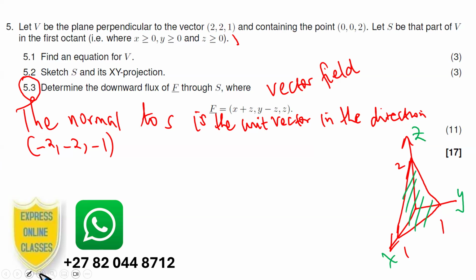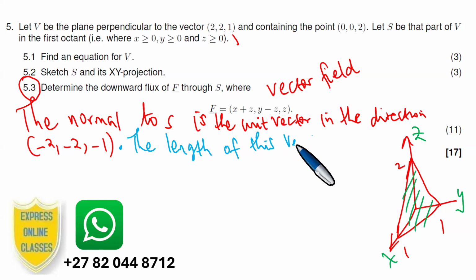So the normal to S is the unit vector in the direction. The length of this vector, so now the length of this vector is the square root.